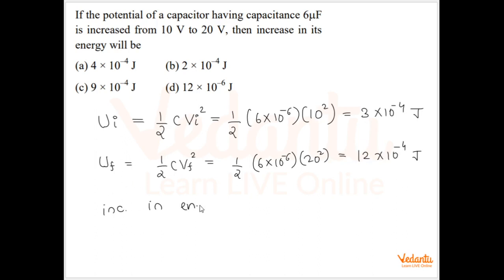The increase in energy will be given by the formula delta U is equal to UF minus UI. That will be 12 minus 3 into 10 power minus 4. That is 9 into 10 power minus 4. So option C will be the correct answer.